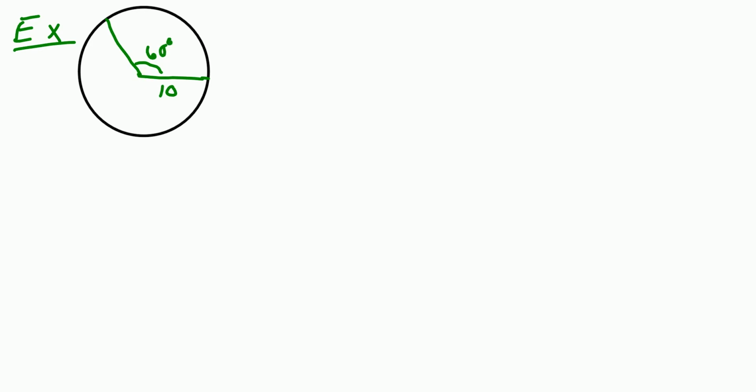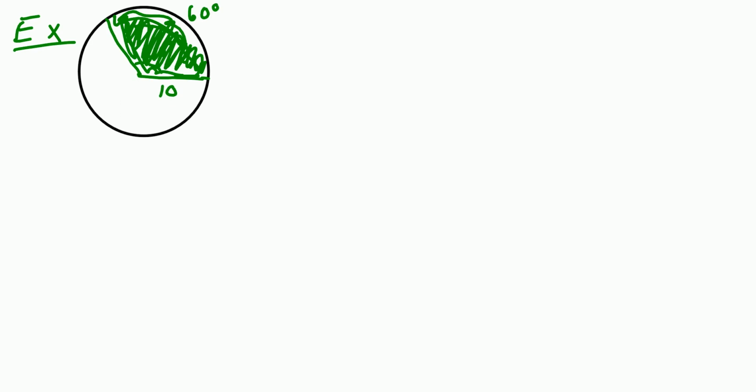Okay, this is a central angle. That means that this is also 60 degrees, the arc measure. Okay, in these examples, you're finding this area right here, this shaded area.